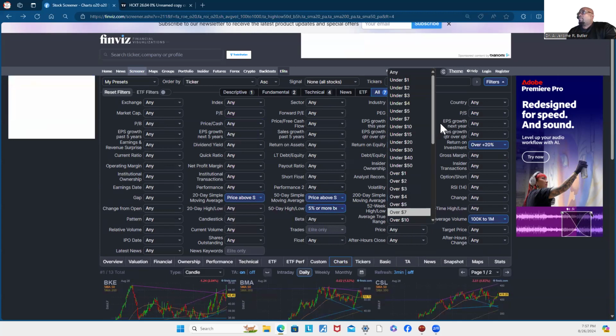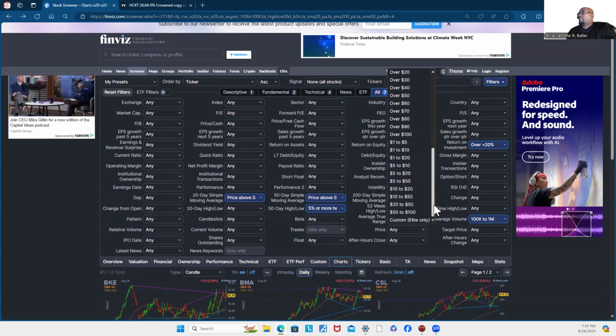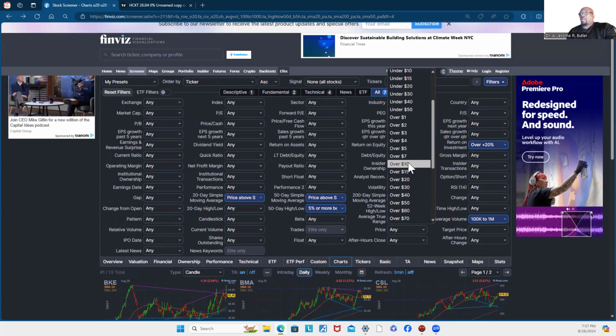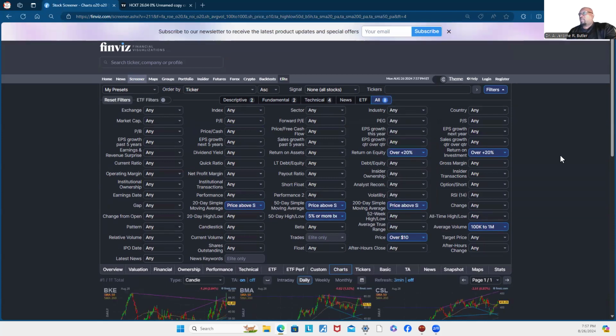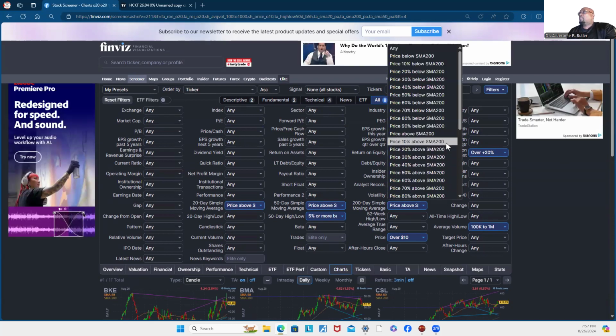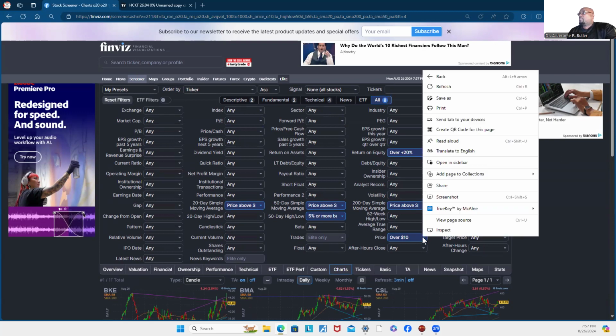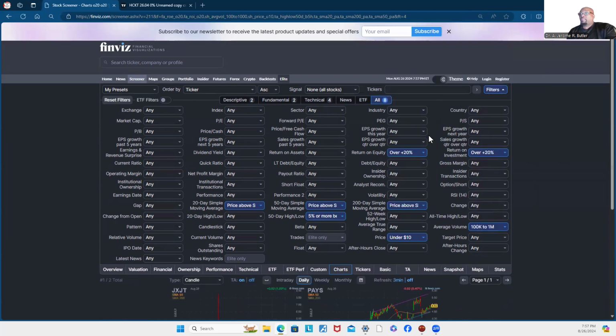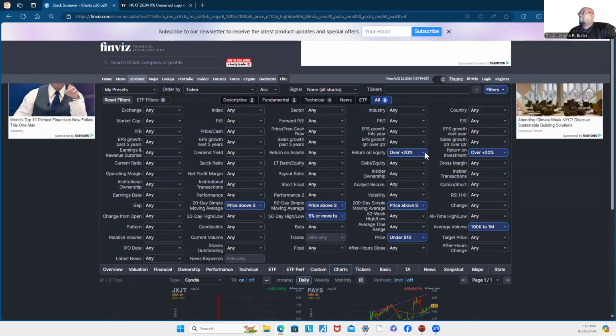You may want stocks that are way up there, that $400 stock, or you may want penny stocks. Let's take a look. I don't think very many of these are going to be penny. Price over $10, price under 10, only two under 10.